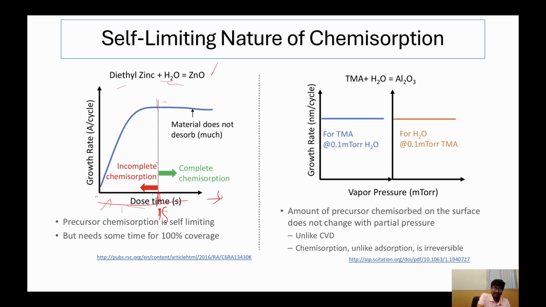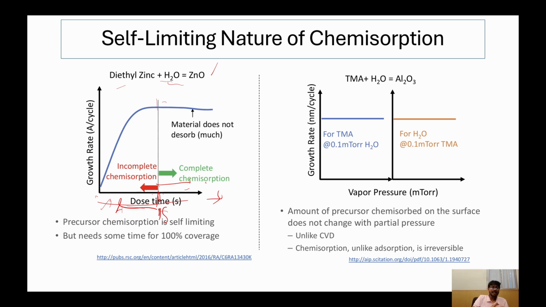If you give a dose time of 1.2 second, 1.5 second, 2 second, whatever is greater than 1 second, you are wasting your precursor. That won't adsorb on the material, that won't react with the material, and it will get pumped out during the cycle. But if you give a dose time lesser than that, the precursor is insufficient to cover the whole substrate.